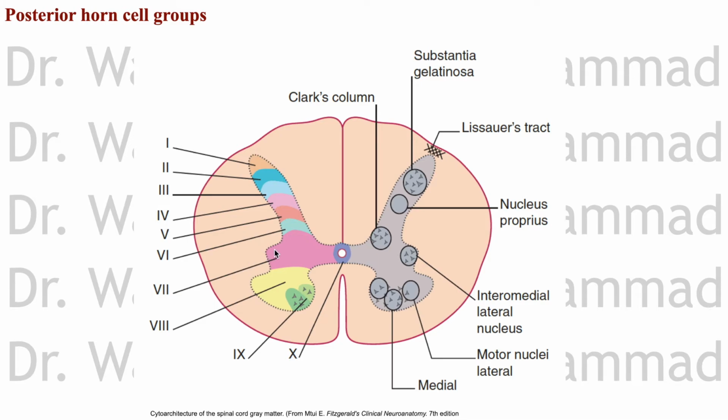Posterior horn cell groups, as seen here, are divided into several nuclei according to Rexed, and each receives a special type of sensation. Pain and temperature, for example, are at the very tip of the posterior horn. It's called the substantia gelatinosa of Rolando, as you can see here, receiving the Lissauer's tract.